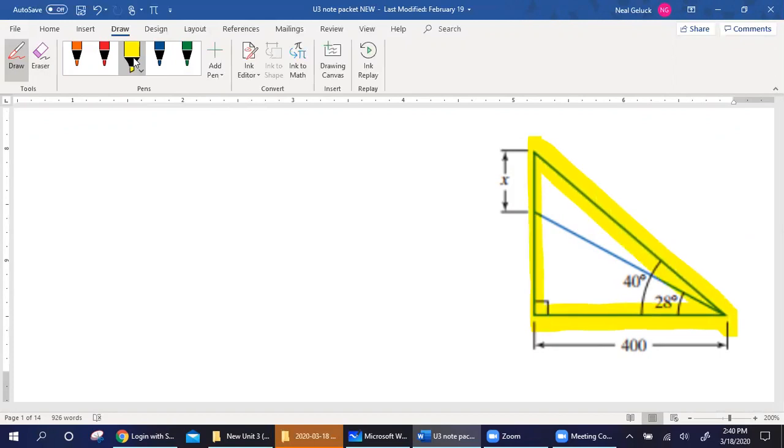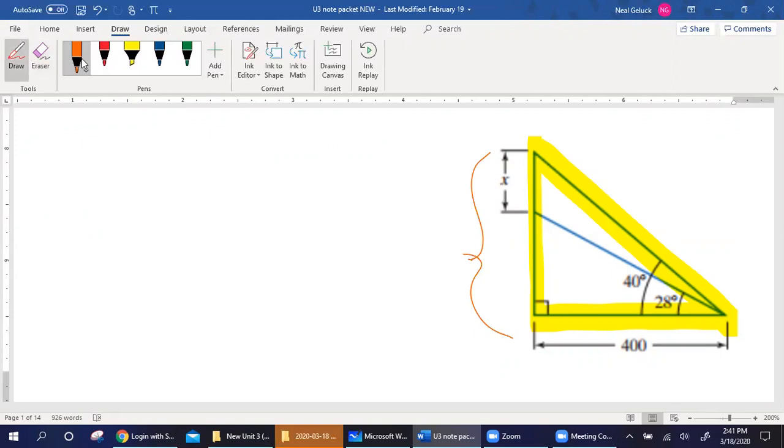I'm going to look at the overall yellow triangle first, and I'm going to figure out this entire missing side, all the way from here to here. Let's call it A. Actually, let me stick to the same variables I used in the notes.